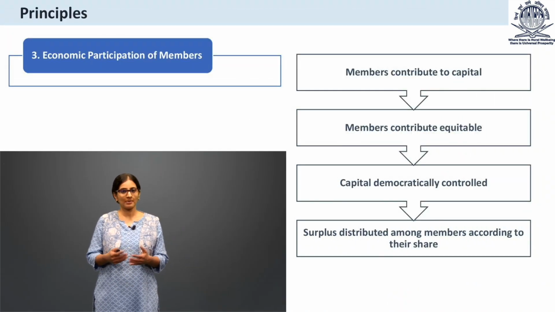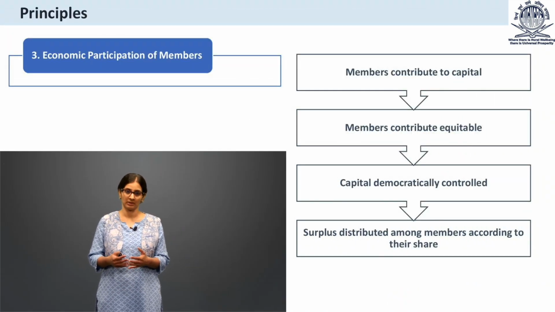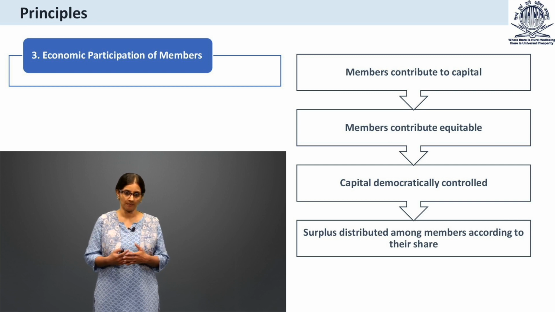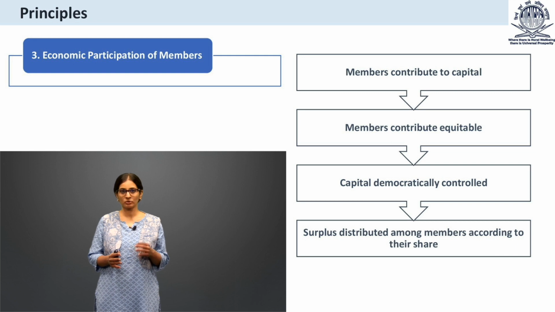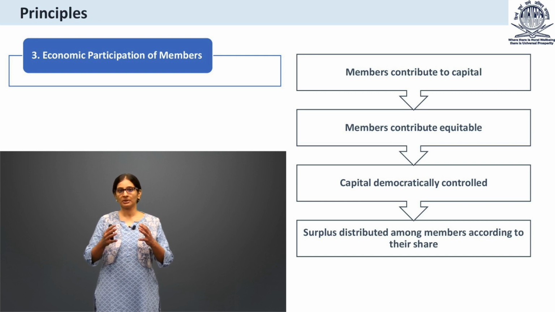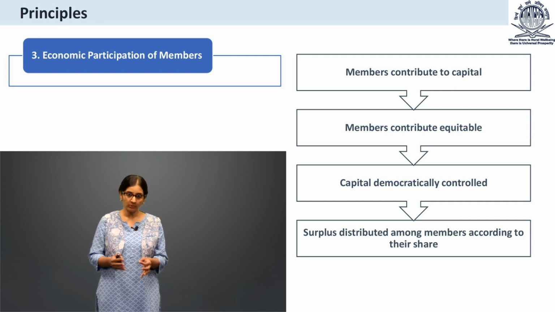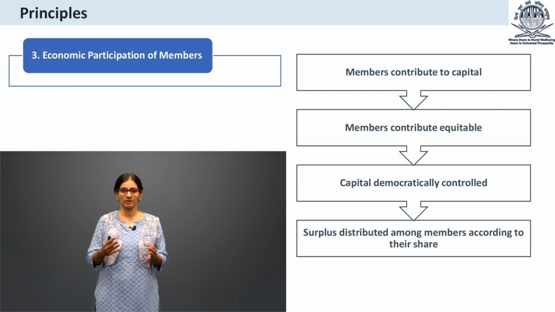Principle number 3, economic participation, which means that members contribute capital, their share, to the cooperative. When we say members contribute equitably, what does that mean? It does not mean equal. Equal means same to same. Equitable is fairness, but it is based on need or circumstance.